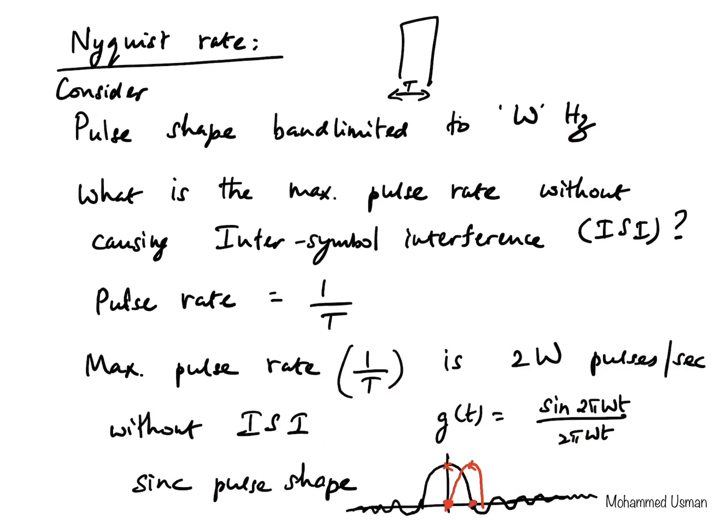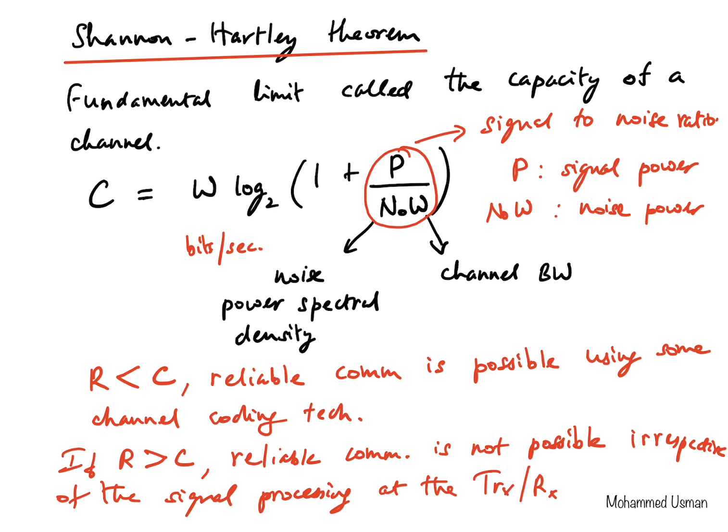These are the two important fundamental results that we will study in more detail later as well. The first is called the Nyquist rate, and that relates the maximum pulse rate that we can transmit given the bandwidth of a pulse, and the Shannon-Hartley theorem gives a capacity, that is, the maximum rate at which we can transmit over a communication channel given the bandwidth of the channel and the signal to noise ratio on the channel.